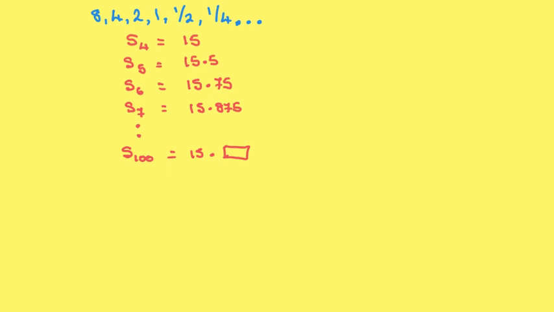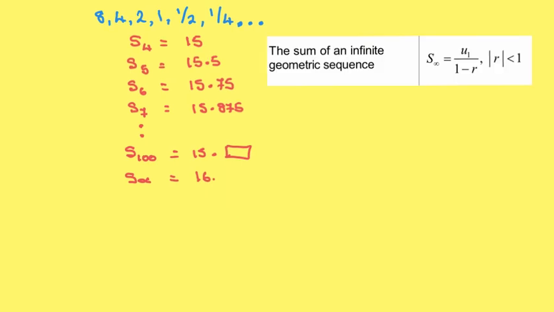It's getting closer and closer to a specific value. And in this case, the sum to infinity would be 16. In other words, it's getting closer and closer to 16. Another formula you're given in the formula booklet is the sum to infinity.